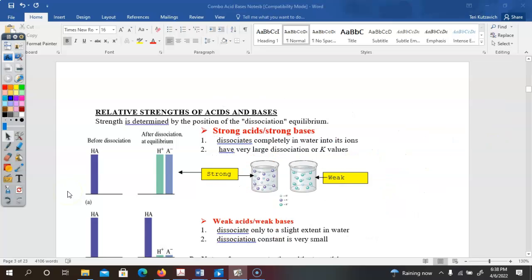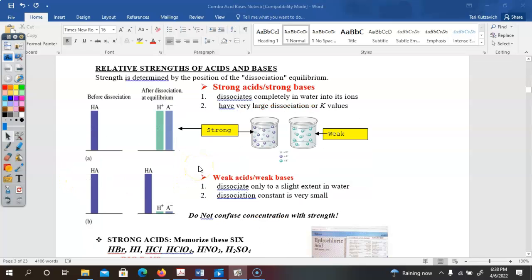Okay, strengths of acids and bases. We said that strong acids and bases dissociate 100%. That means they have very large K values, which means they're producing a lot of ions. Lots of ions produced.